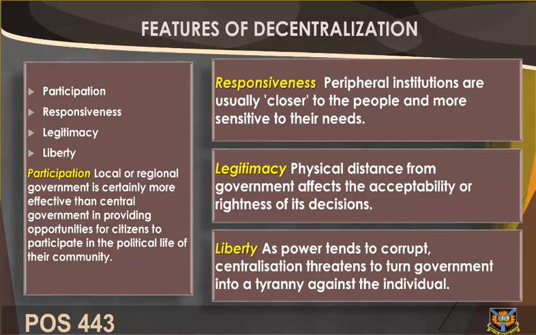Peripheral institutions are usually closer to the people and more sensitive to their needs. Legitimacy. Physical distance from government affects the acceptability or rightness of its decisions. Liberty. As power tends to corrupt, centralization threatens to turn government into a tyranny against the individual.